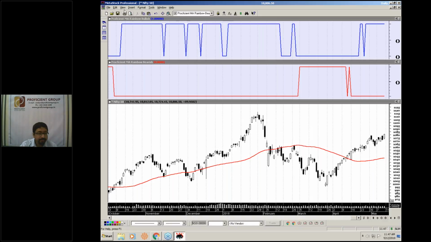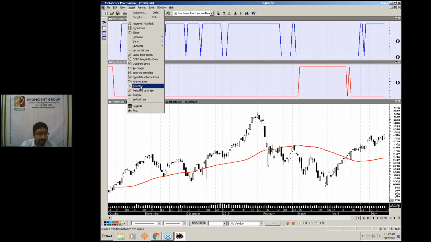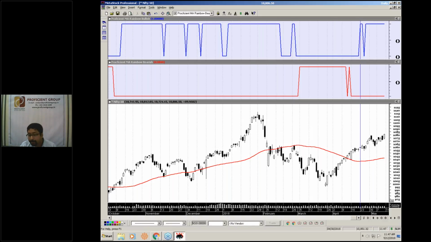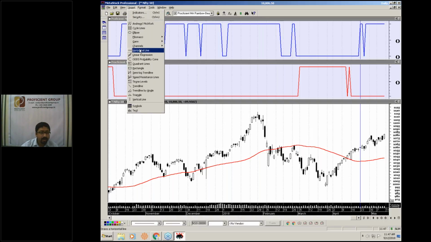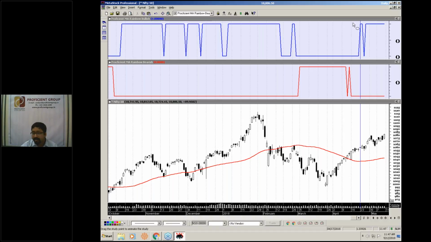Why we had given a bullish opinion on this particular day here is simply because our indicator had turned from 0 to 1 on this day. That was a bullish indicator, and the bearish one was already giving us no signal.